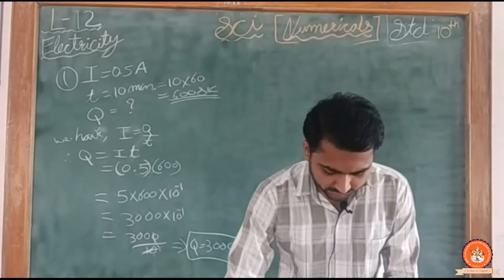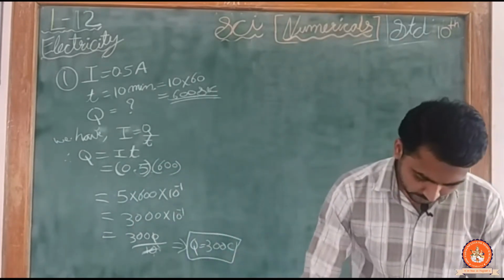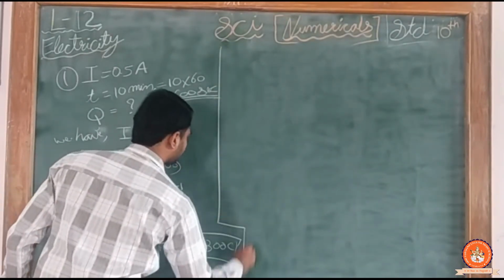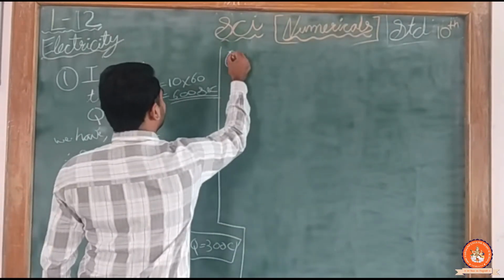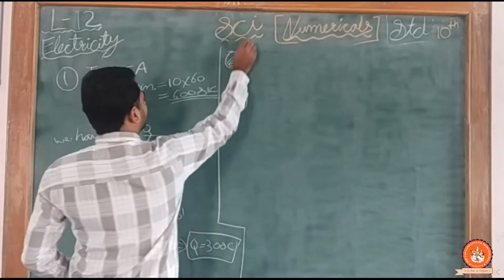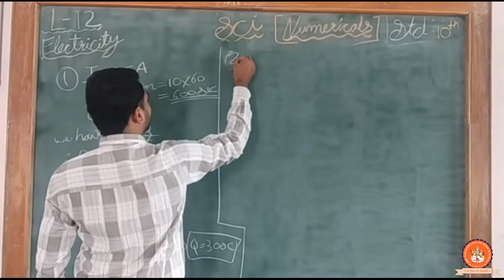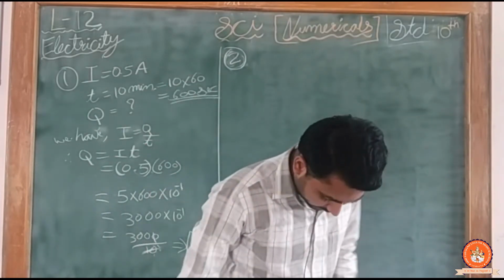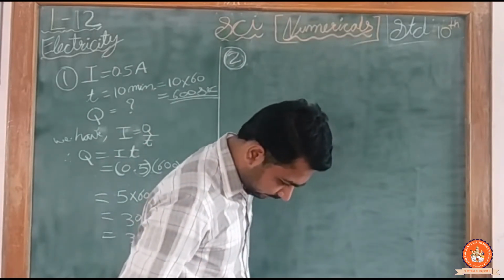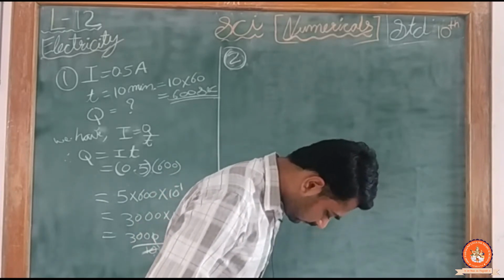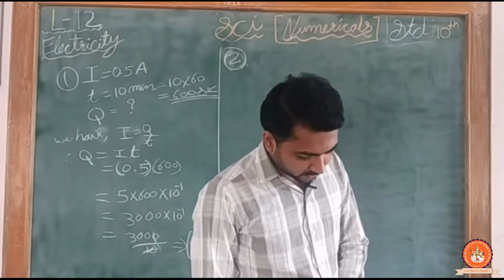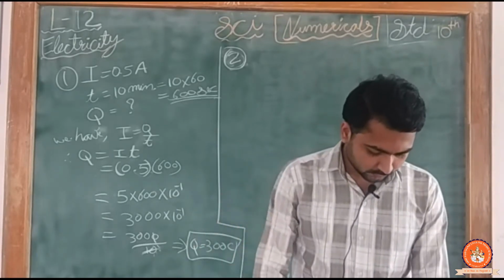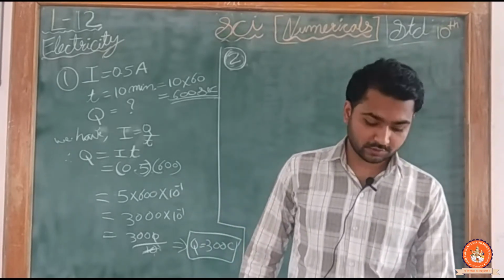Now coming on to question 2. What is question 2? They asked the question that how much work is done in moving a charge of 2 coulomb.